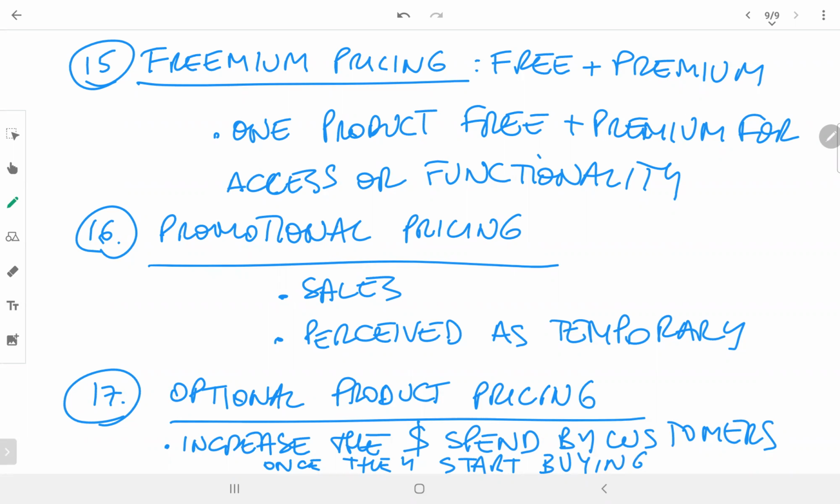Okay, this is optional product pricing. Those are those extras that increase the overall price of the product or service. So companies are trying to increase the dollar spent by customers once they start buying.